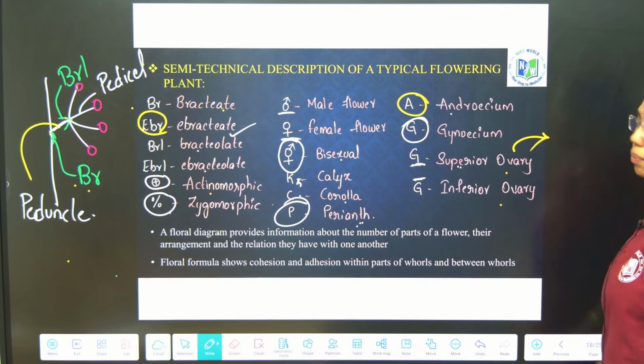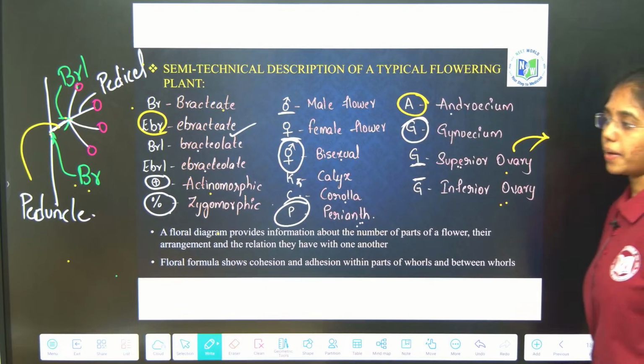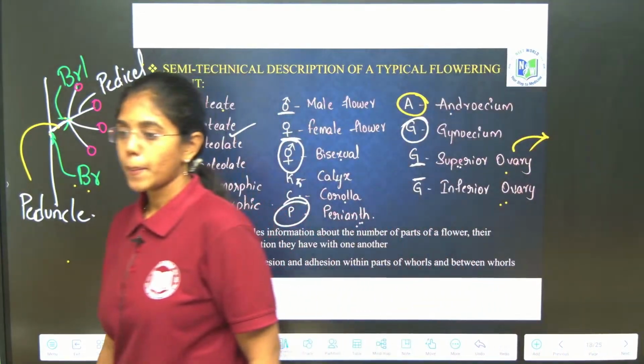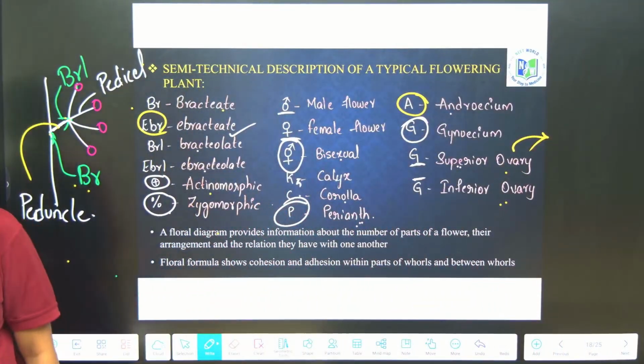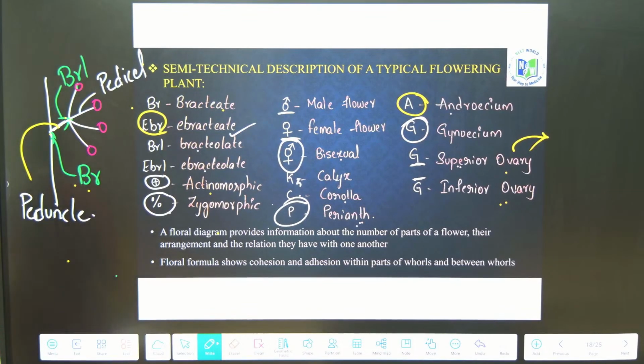Superior ovary, what type of flower? Hypogynous. Inferior? Epigynous. Superior ovary means hypogynous flower. Hypo means below the petal. Take the book.